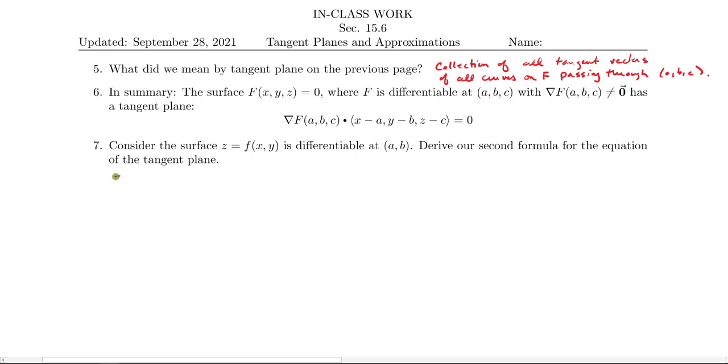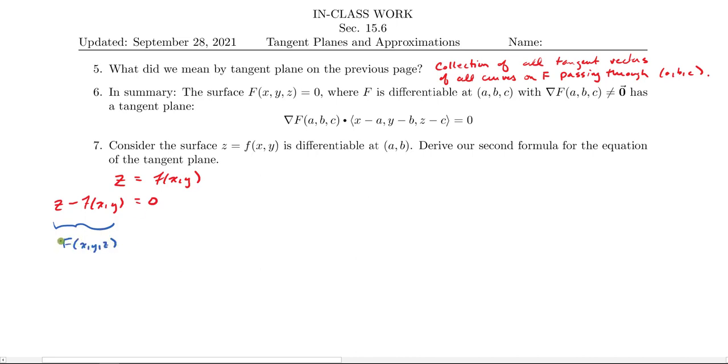Let's start out with the function z is equal to f of x, y. And what we've done a few times before is take this explicit function and make it an implicit level surface. So to do so, let's subtract over the f of x, y, setting it equal to 0. And this is what we're going to call our F of x, y, z.